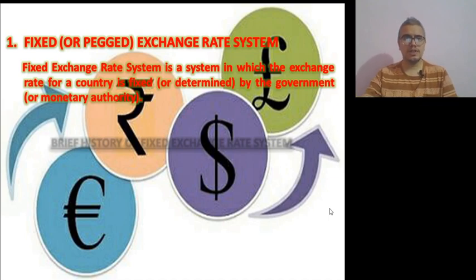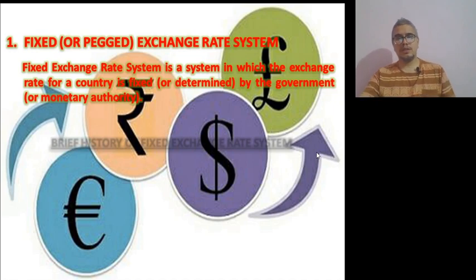So in case of fixed exchange rate system, the foreign exchange rate is determined totally by the government or monetary authority on behalf of the government. Usually it is done by monetary authority. In case of India, it is RBI. So usually what happens, the RBI in case of India or the monetary authority on behalf of the government will determine a certain exchange rate, and that exchange rate will prevail in the market.